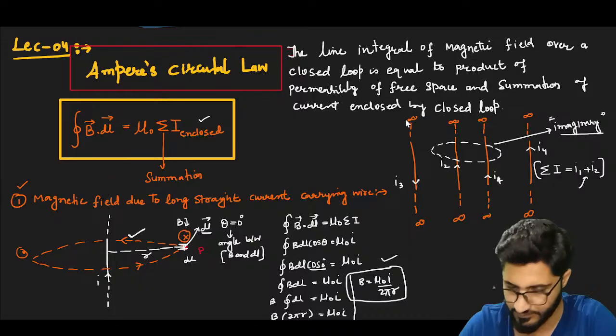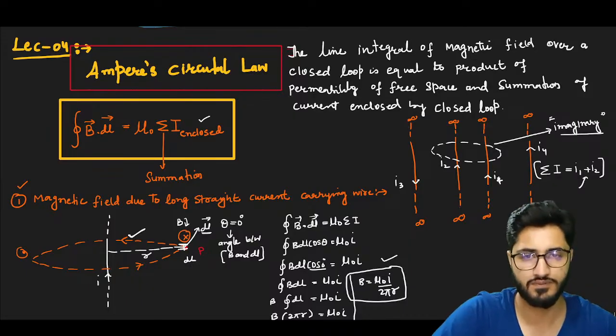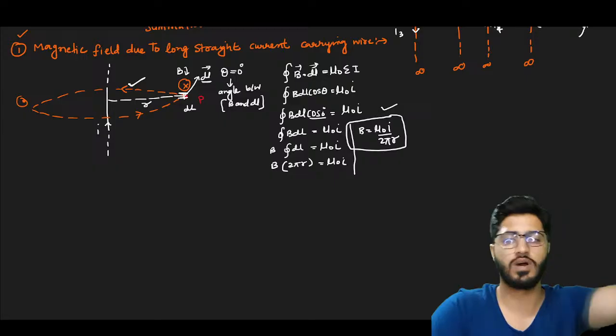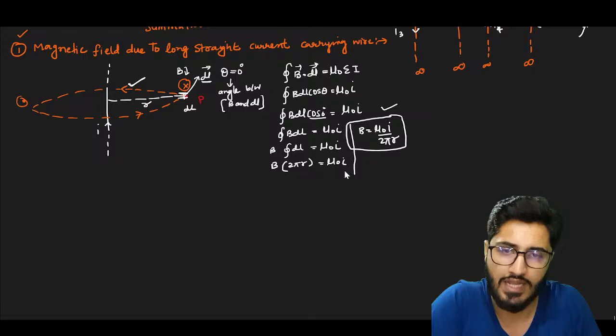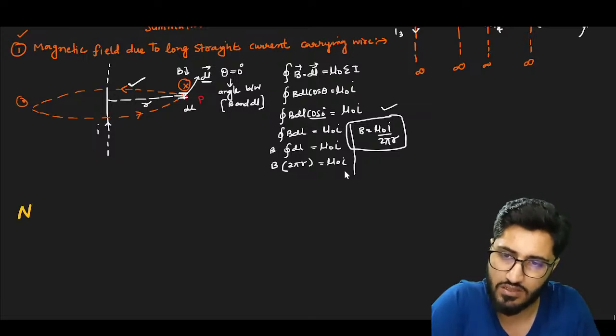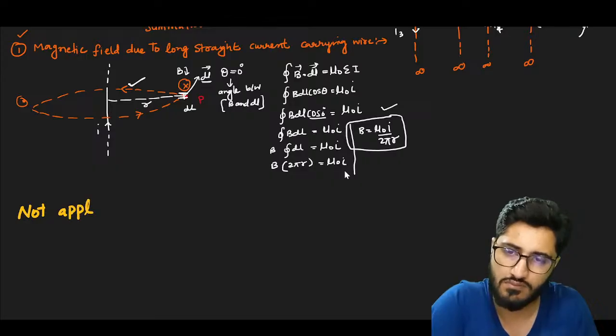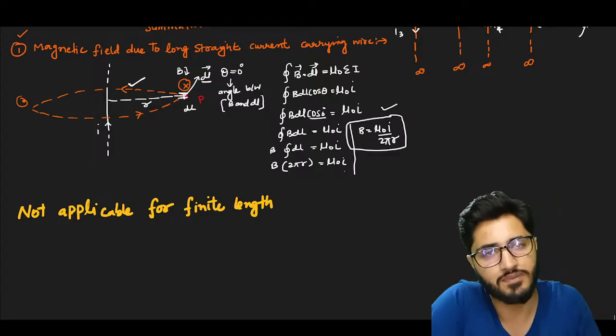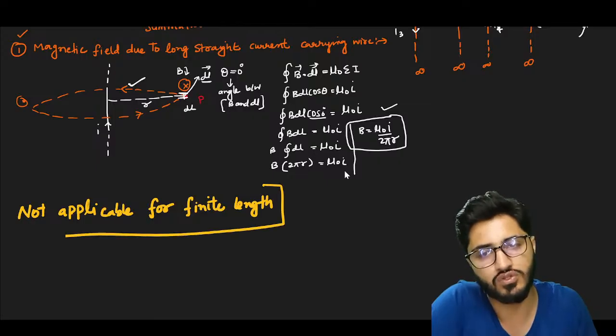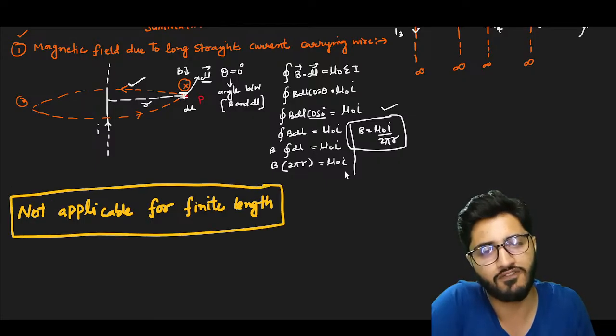Easy. Okay, second now. One thing that you need to take care of: this law is not applicable for finite length wire. The reason is the same as what we discussed in Gauss's law. Gauss's law is also not applicable for finite length wires.